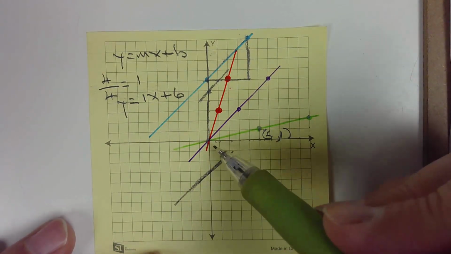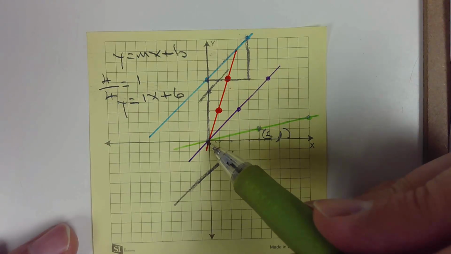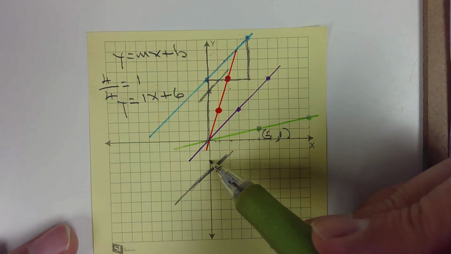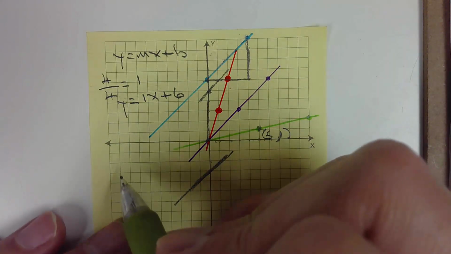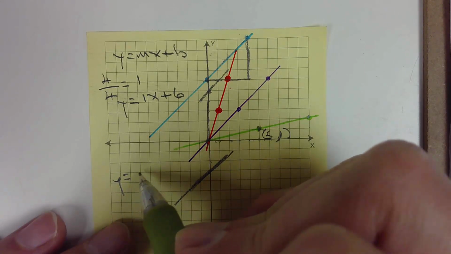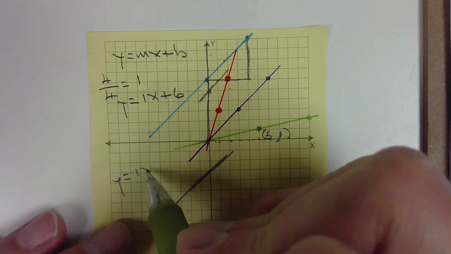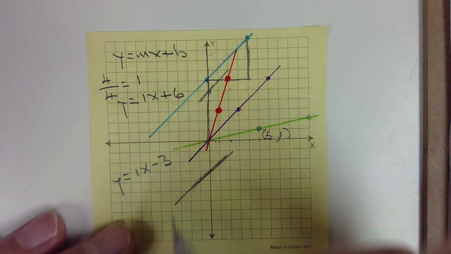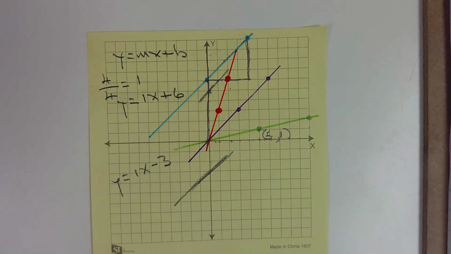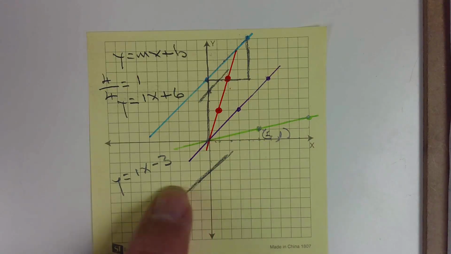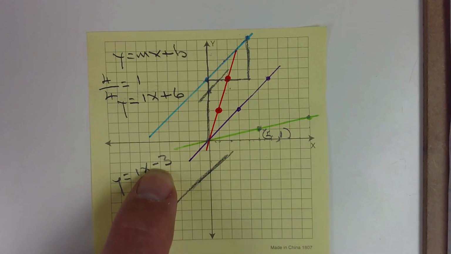It'd be a negative. So it's -1, -2, -3. So it would be y equals 1x minus 3. That's how you would represent that y-intercept, to be a -3.